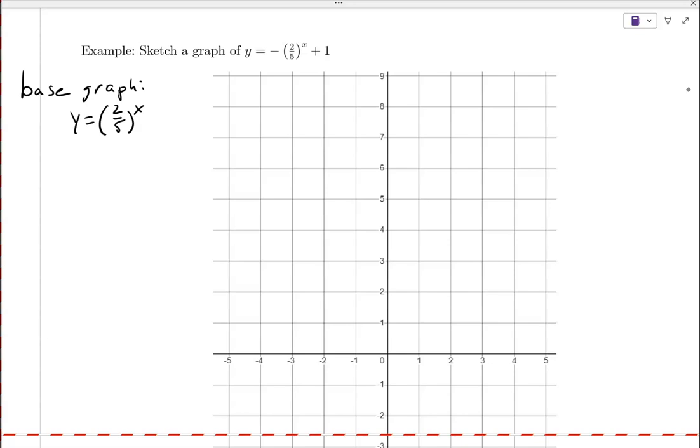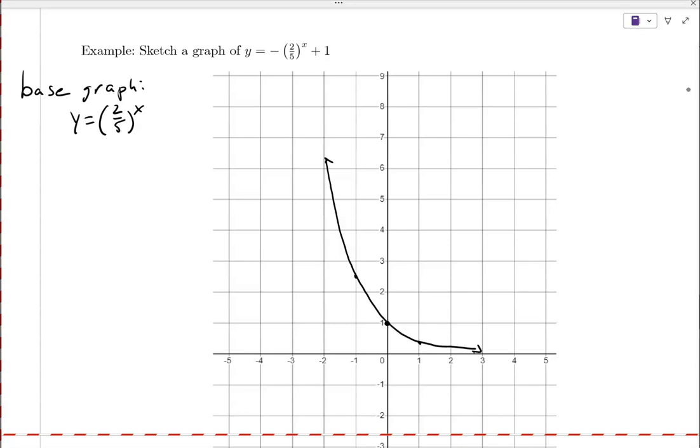So we know it crosses at 1. And I'm not going to be perfect with my drawing here, but 2/5 is 0.4, so that's about there. When I do -1, I would get 5 halves. That's 2.5. That's about here. So you'll get something that goes this way.